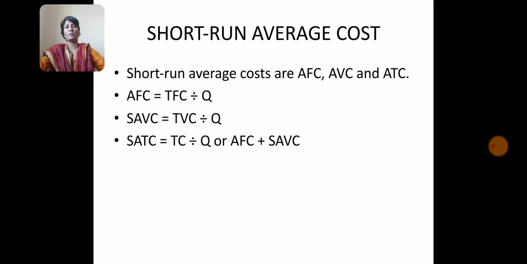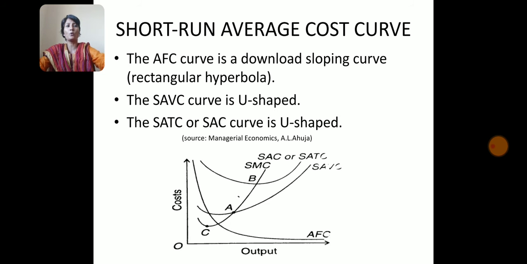This is natural because when the constant total fixed costs are divided by a continuously increasing unit of output, the result is continuously diminishing average fixed cost. Thus, average fixed cost is a downward sloping curve which approaches the quantity axis without touching it. It is a rectangular hyperbola.